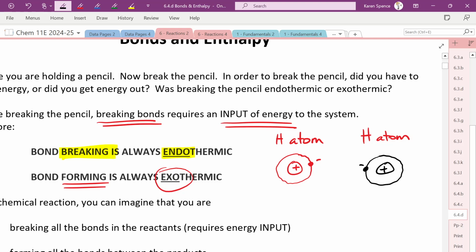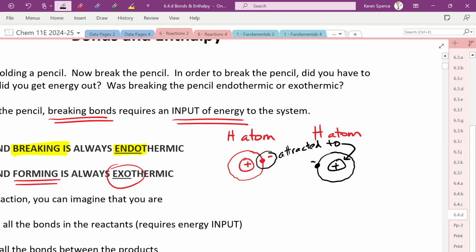Now you can imagine as these two get closer to each other, this electron is attracted to this nucleus. And this electron is attracted to this nucleus.